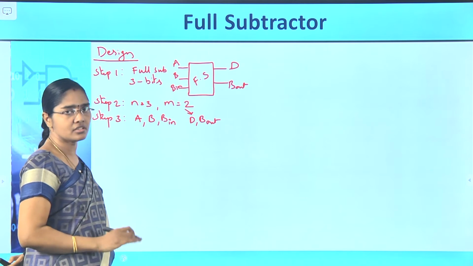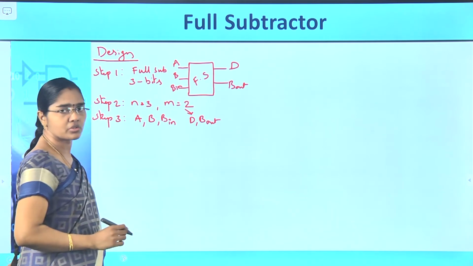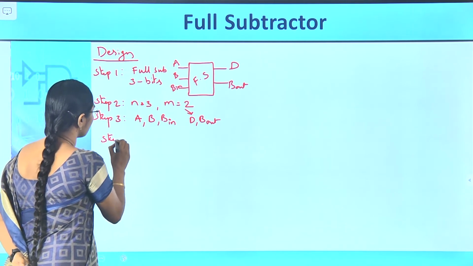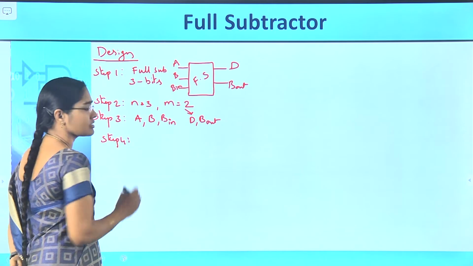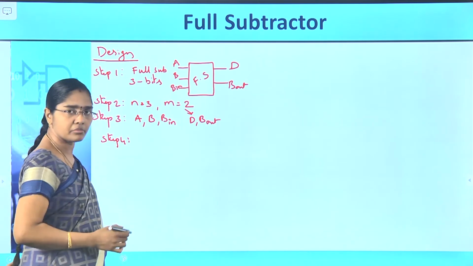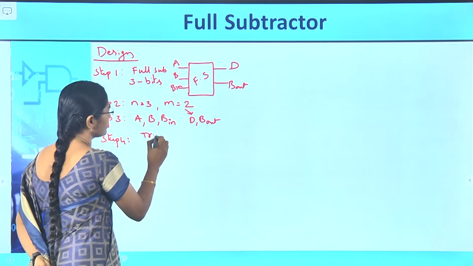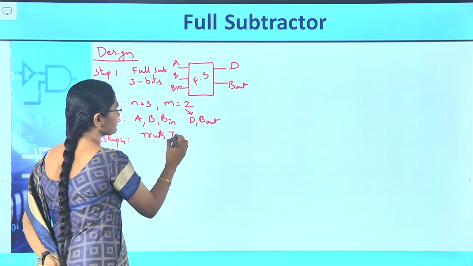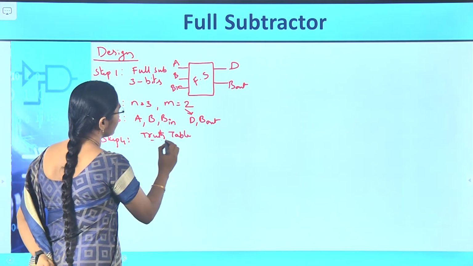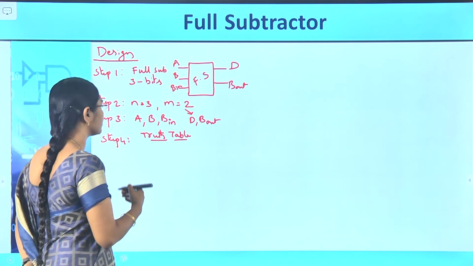Then what is step 4? Step 4 is finding the relation between D, B out and A, B, B in. For that, what is required? A truth table. Let us find the relation and write it as a truth table.